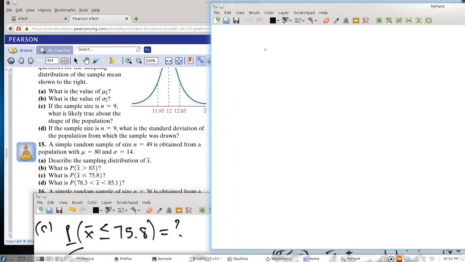So for this problem right here, part D, we are looking to compute the probability of finding the mean value that is between 78.3 and 85.1.